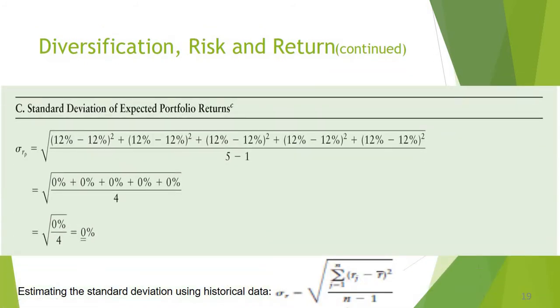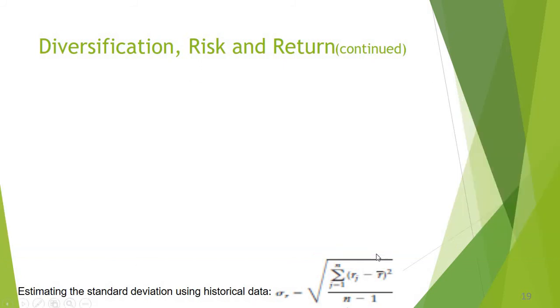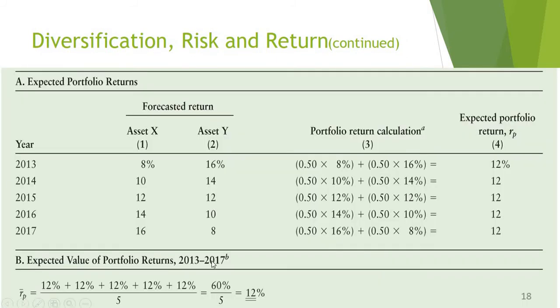So now we are calculating the standard deviation of expected portfolio return. If we use historical returns, the expected return will be simply the average. So that's the expected portfolio return of the asset X and Y portfolio over the 5 years.